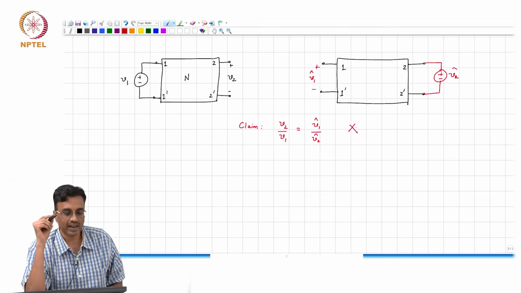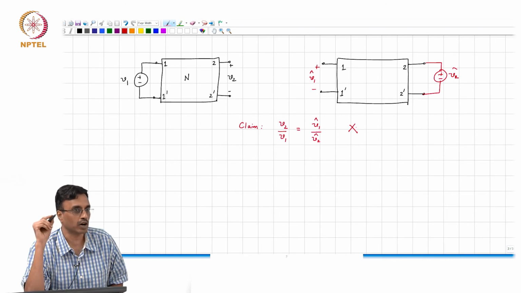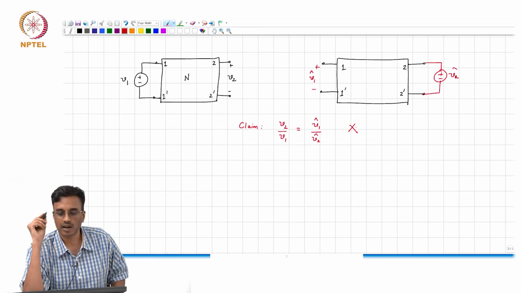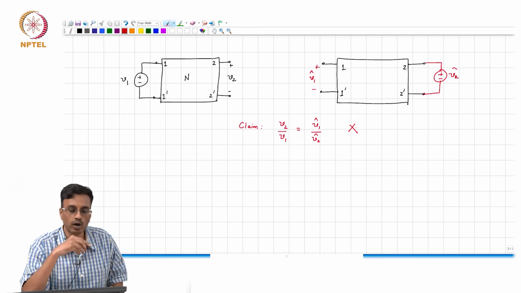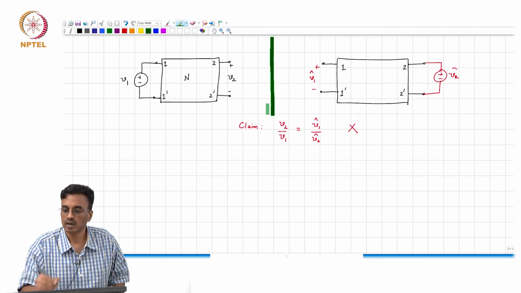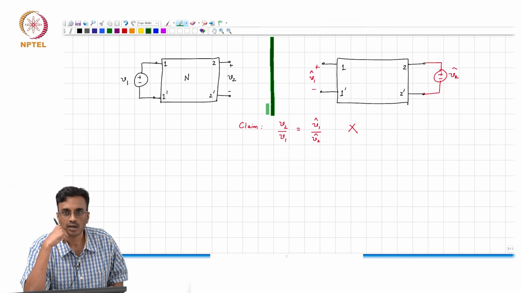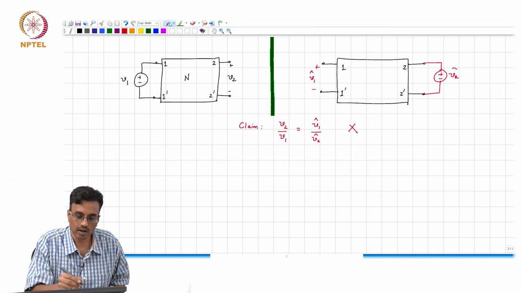So, when you de-energize the sources, what do you get on the left side? Which port is shorted? Port 1 is shorted. In the network on the right, port 2 is shorted. So, you don't have the same graph on both sides, and therefore, this is definitely not correct.